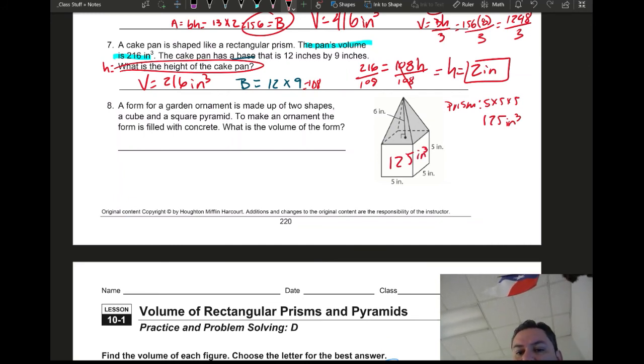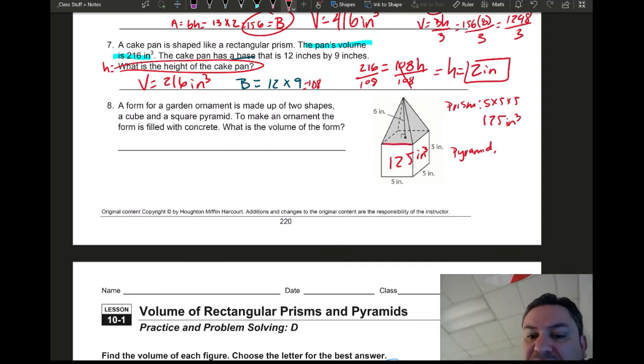Now the fast way to find a pyramid, as I told you, is to multiply the 3 numbers and divide by 3. However, you don't necessarily have the numbers given to you, but this is the same as this, because it's sitting on top flush.